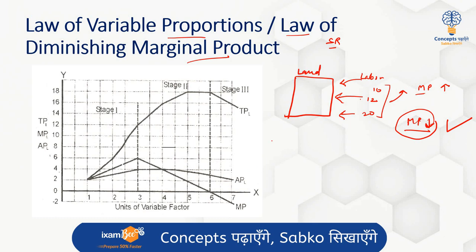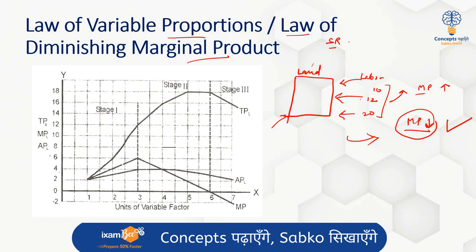Why is this happening? As we employ more and more labor input initially, the factors become more suitable to production. But after a point, they become really crowded on this particular piece of land. So that is why the marginal product would start declining after a certain level of input employment.